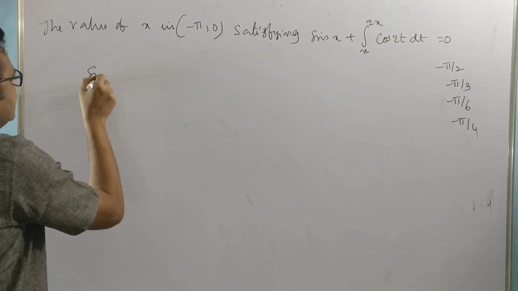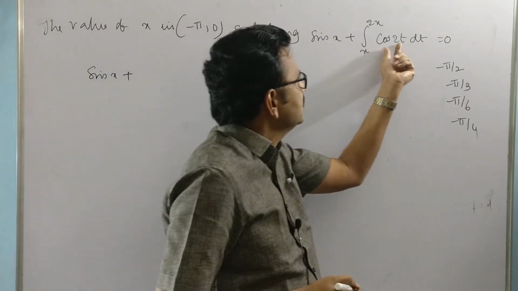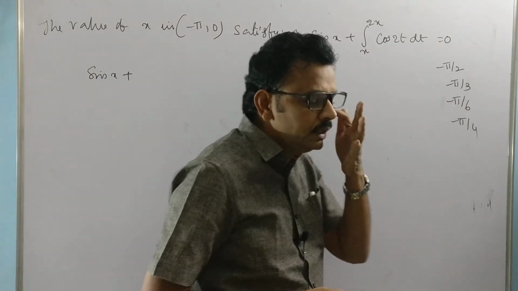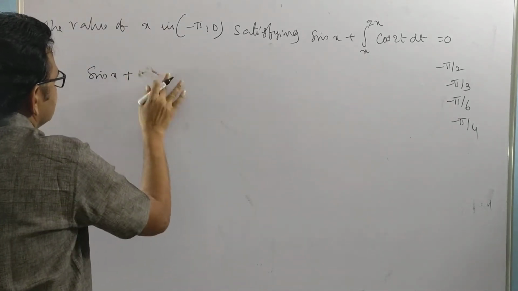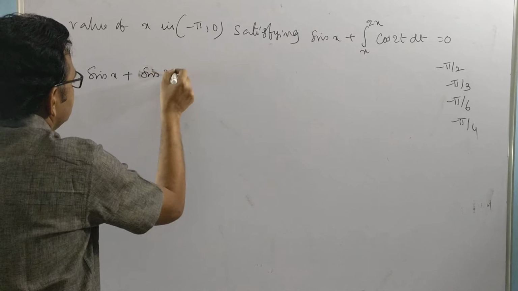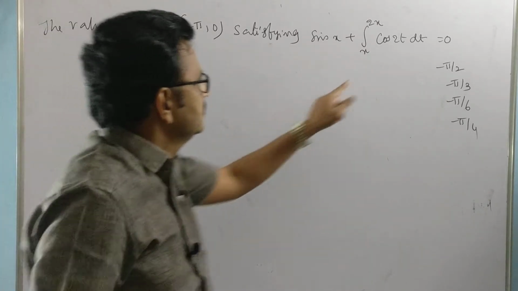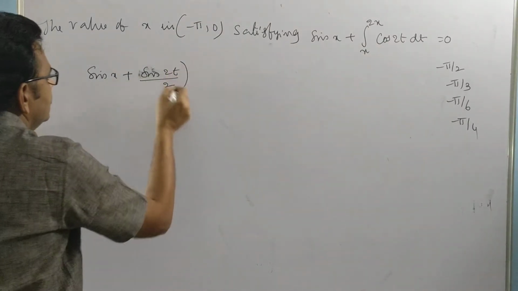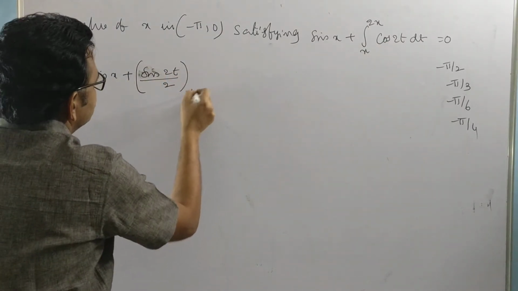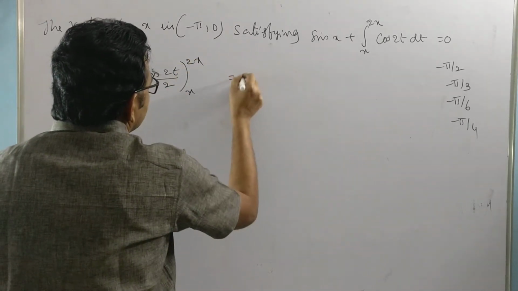So this is sin x plus the integral of cos 2t, which is sin 2t by 2, with limits x to 2x, equal to 0.